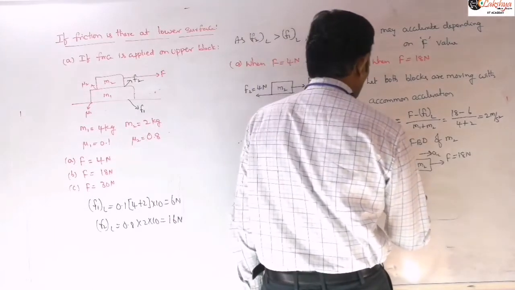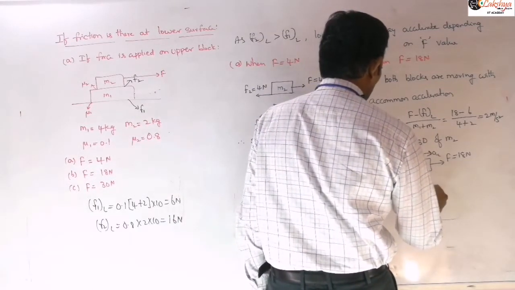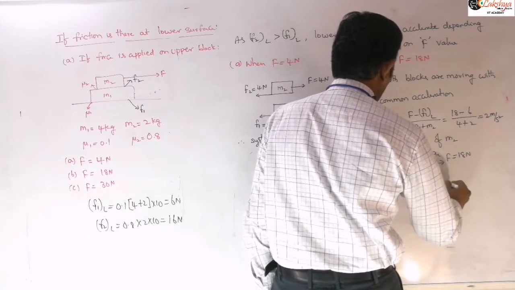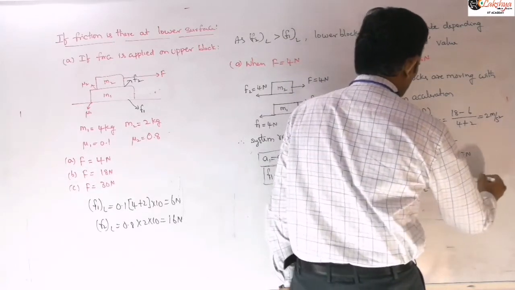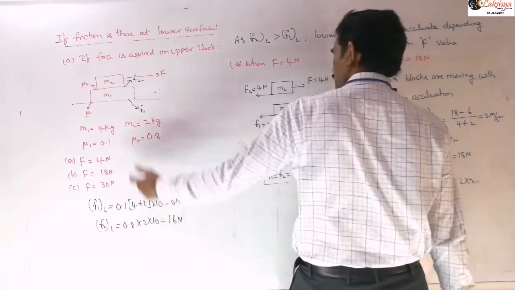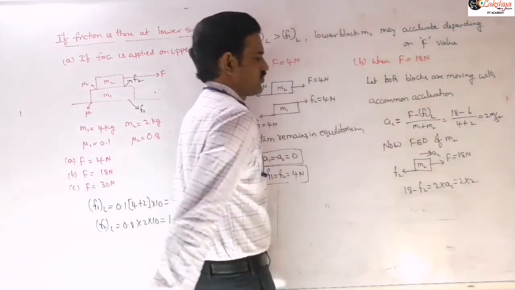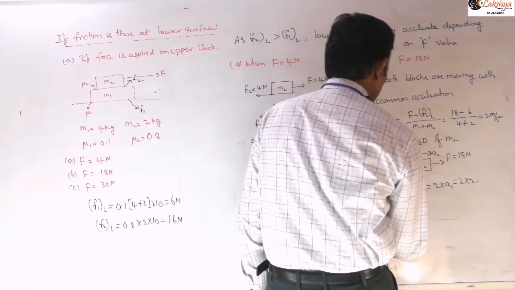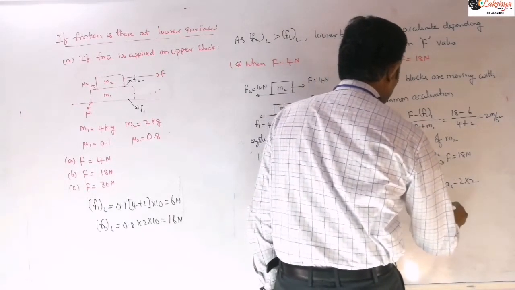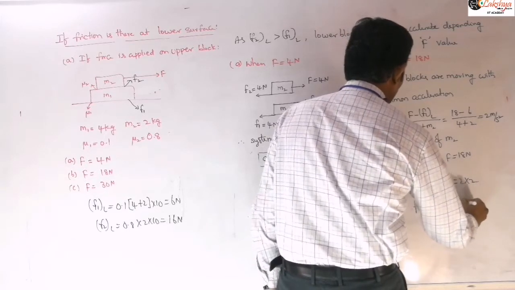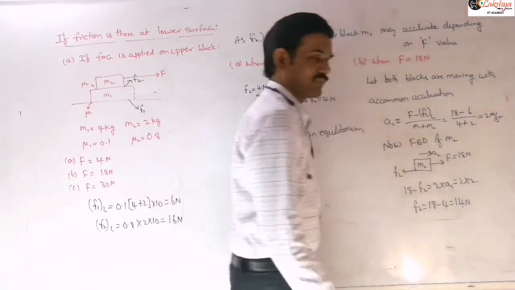So 18 minus F2 is equal to 2 into AC, which is nothing but 2 into 2. The mass of the block is 2 and the common acceleration is also 2. And therefore this F2 value is 18 minus 4, so 14 newtons, right?